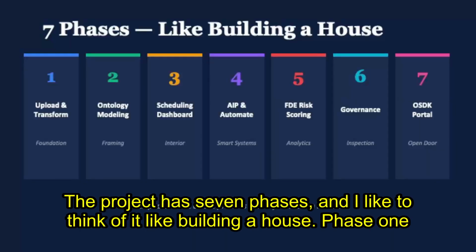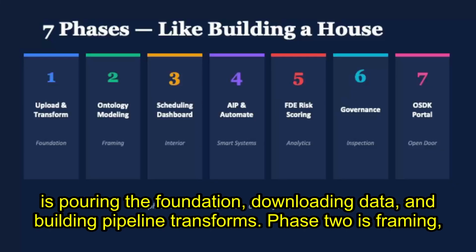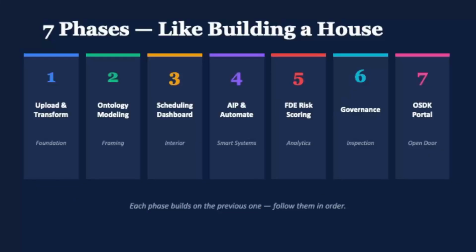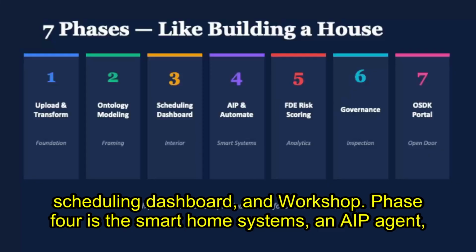The project has 7 phases, and I like to think of it like building a house. Phase 1 is pouring the foundation, downloading data and building pipeline transforms. Phase 2 is framing the ontology structure with object types, links, and actions. Phase 3 is interior, a scheduling dashboard and workshop.